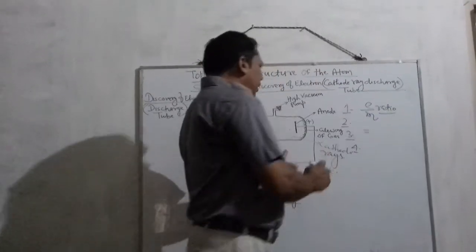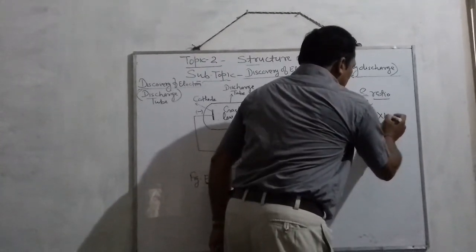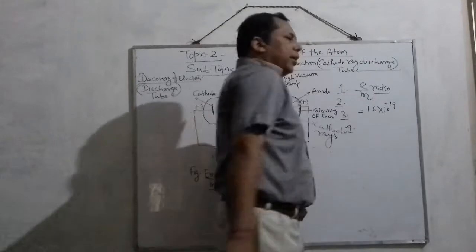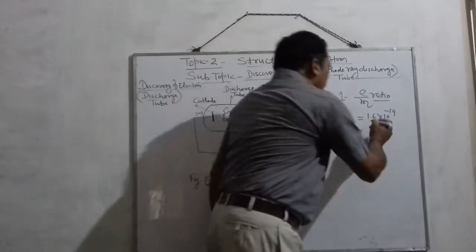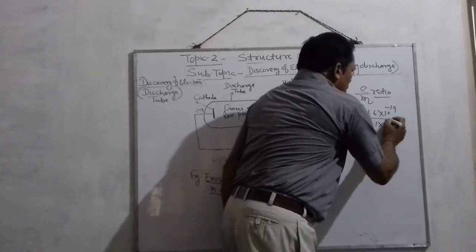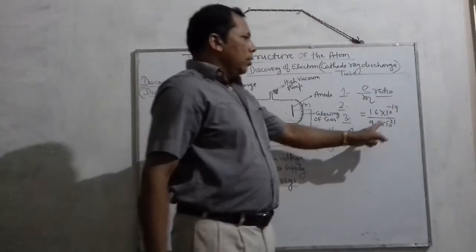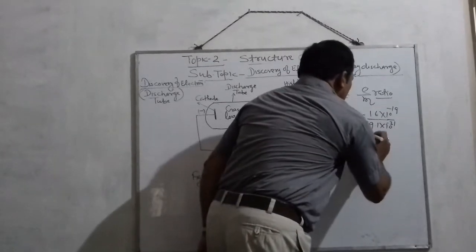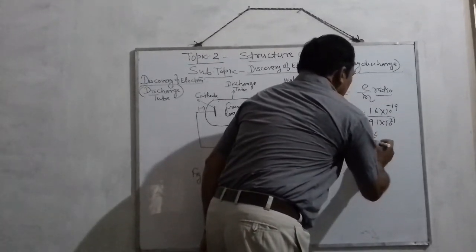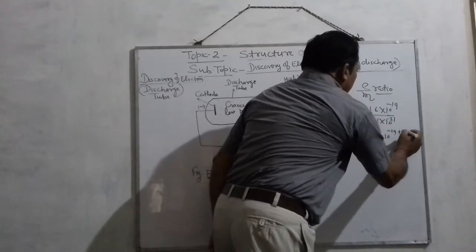So you have to remember that the charge of the electron is 1.6 into 10 to the power minus 19 coulomb, and the mass of the electron is 9.1 into 10 to the power minus 31 kilogram. So this may be written as 1.6 by 9.1 into 10 to the power minus 19 plus 31.